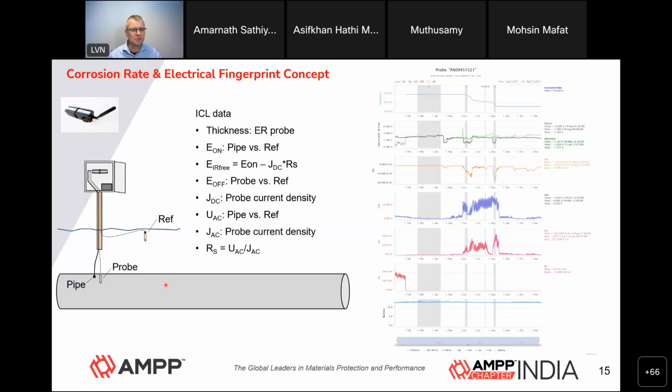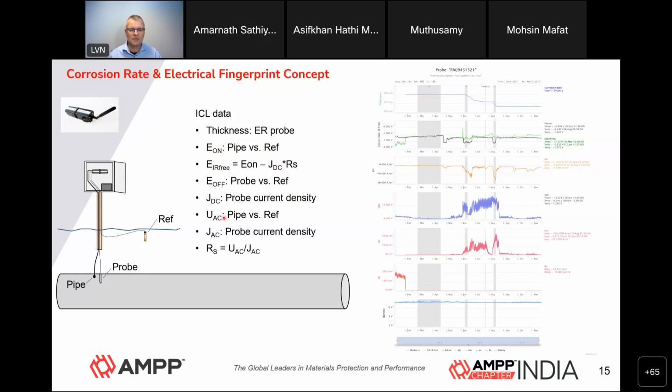You can use the probe as a coupon, exactly like a coupon on which you can also measure a corrosion rate. So what you can measure in this type of test station is the thickness of the ER probe and thereby the corrosion rate, the on potential, which is pipe versus ref, IR free potential, off potential of the probe or the coupon, the DC current density that comes to the coupon.